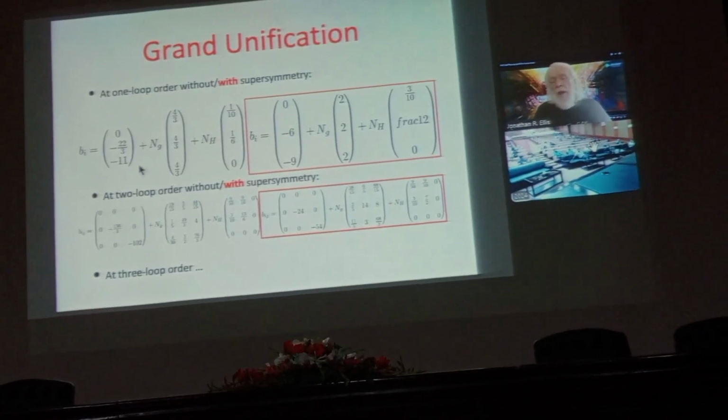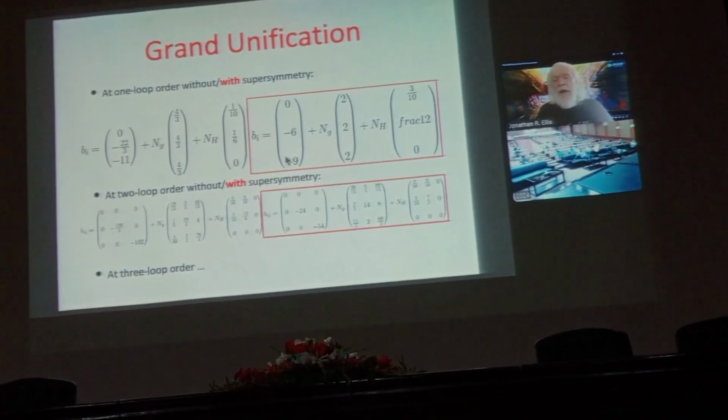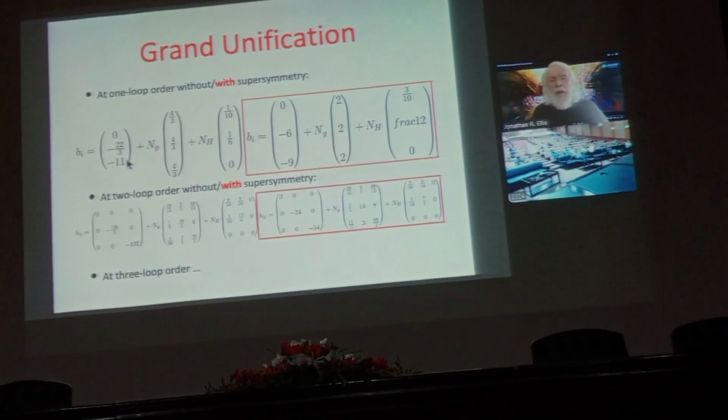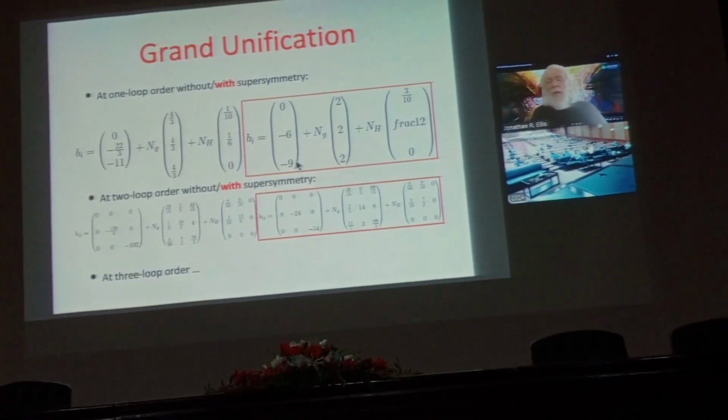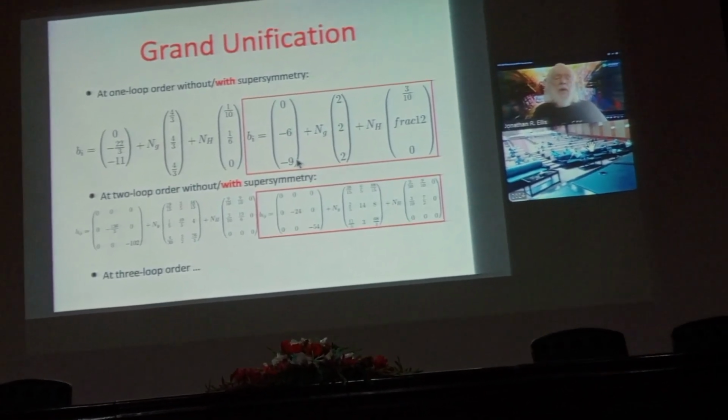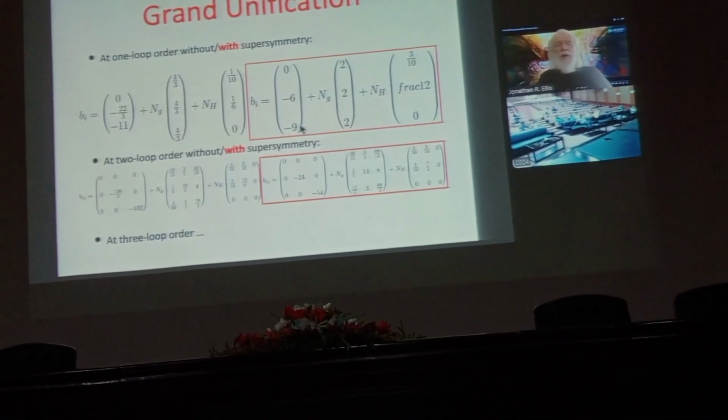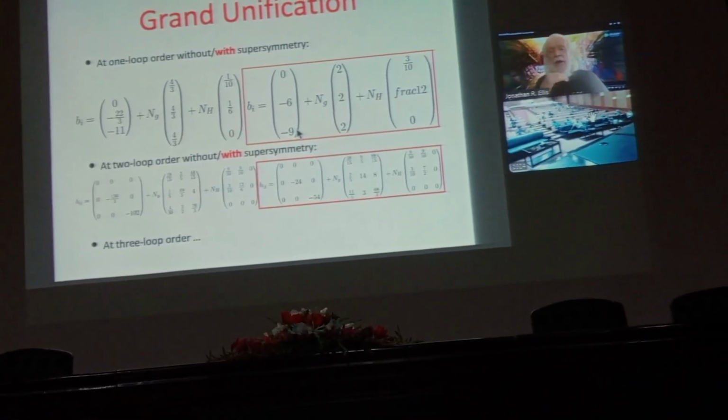For example, the QCD coupling is still asymptotically free, that's -11, but now it becomes -9, because we have supersymmetric partners of quarks, squarks, in the calculation.